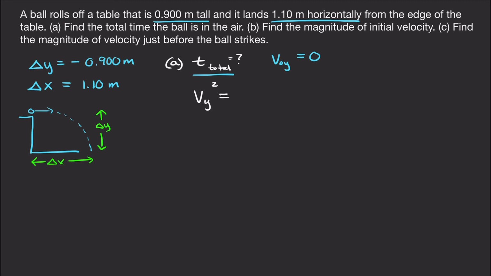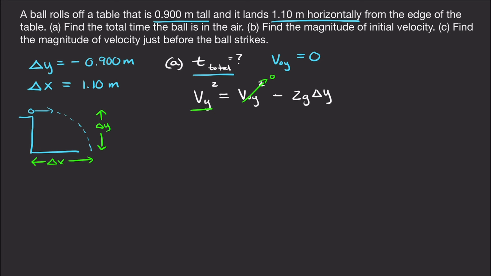So right now I don't have enough information to solve for time just yet. But if I look at my equations, if I only had the final y velocity when the ball lands, then I can solve for the time. So I want to go to the one equation that doesn't have time and get my y component of final velocity. So I'm going to plug in v naught y equals 0.